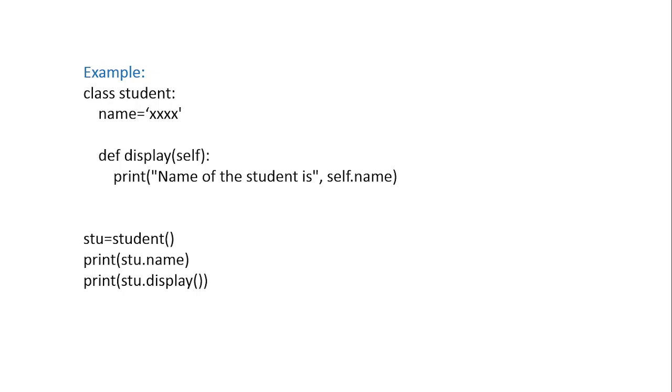Inside the student class, you are printing the name of the student, and then you are trying to access the display method of the student class. So when you do that, the first print statement, student.name, prints the name of the student, and then the display method prints the name of the student, say, a particular X.